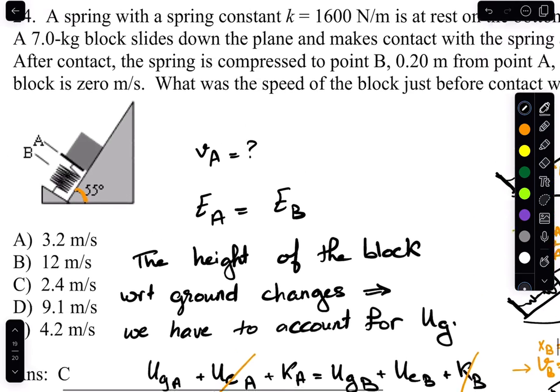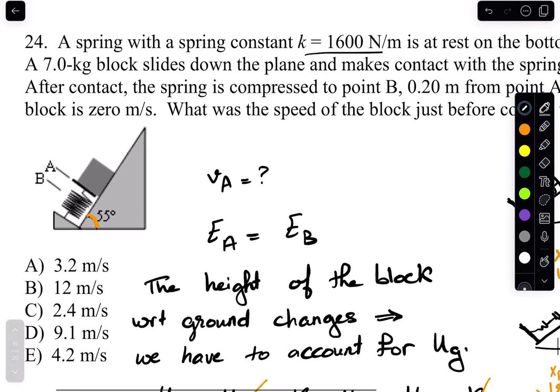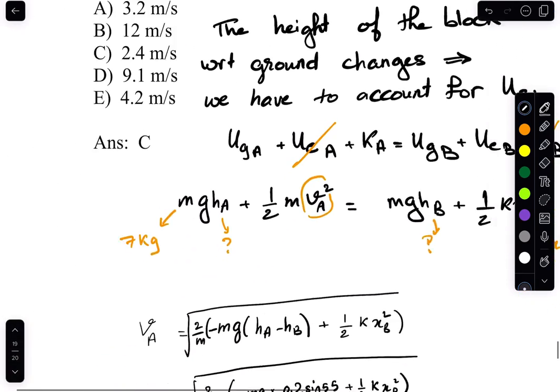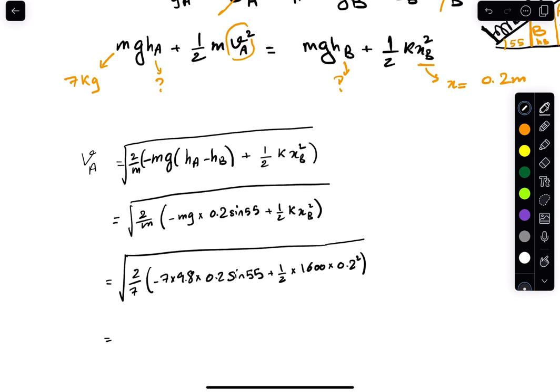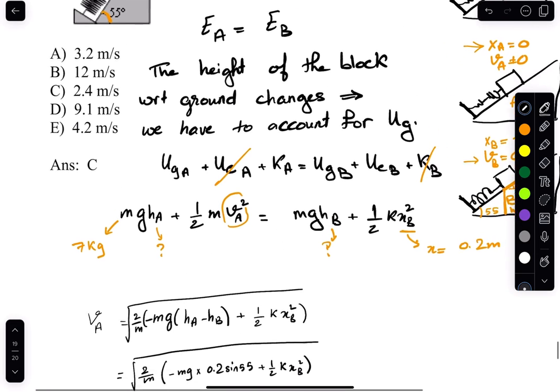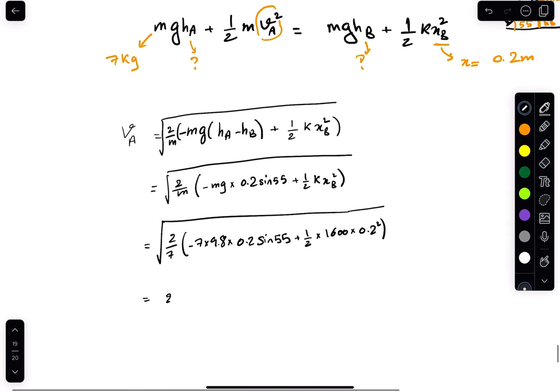The spring constant was given 1,600. So this gives us an answer of 2.4 meters per second.